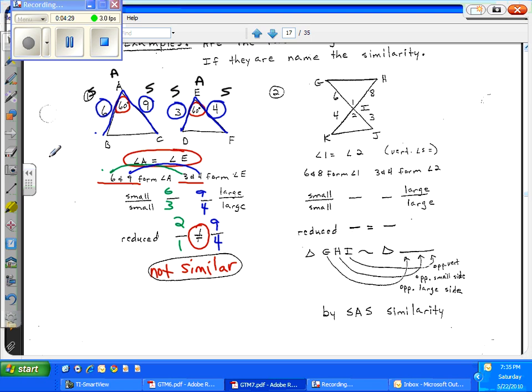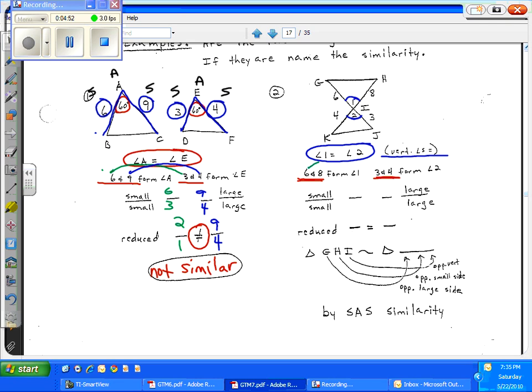Now, in this second scenario, we know that angle 1 is equal to angle 2 because they're vertical angles. So angle 1 is equal to angle 2. Reason: vertical angles are equal. The sides that form angle 1 are 6 and 8. The sides that form angle 2 are 3 and 4. We want to see if those sides are in proportion.